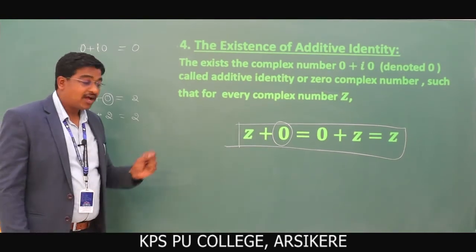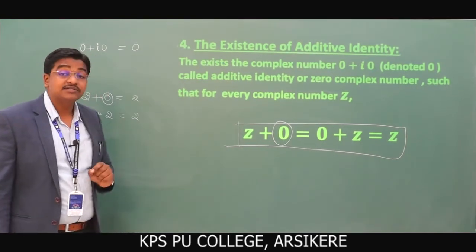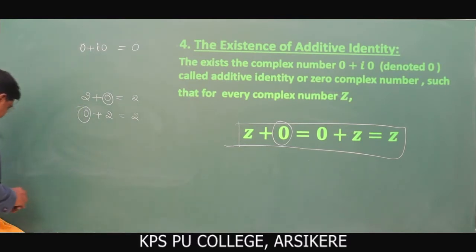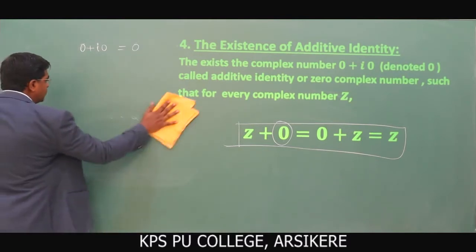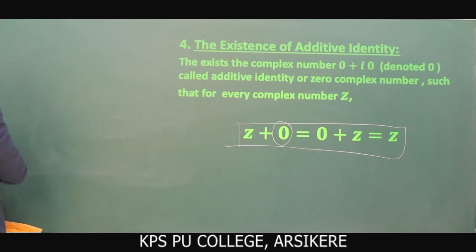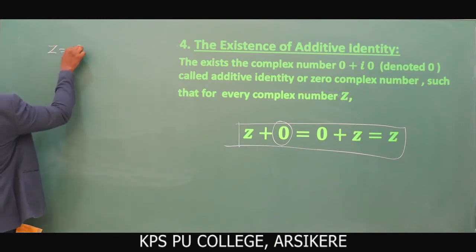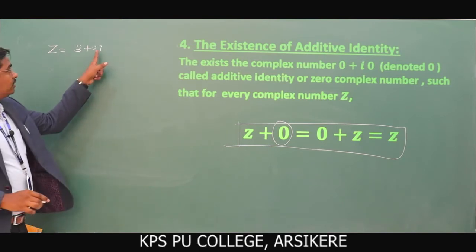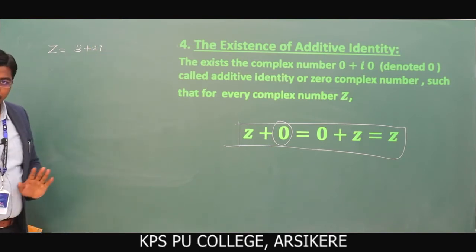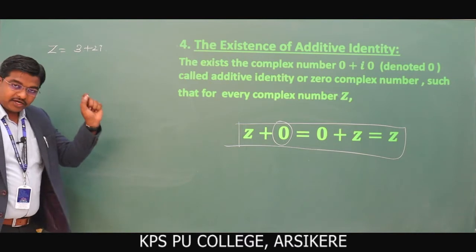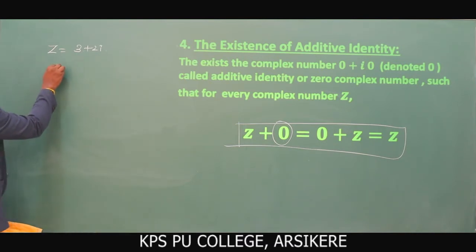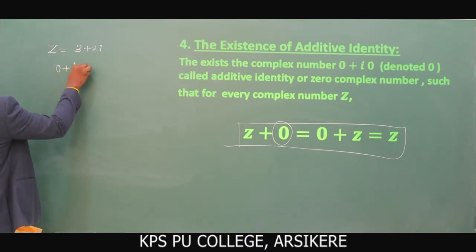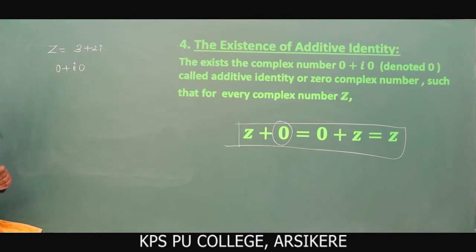Now dear children, I will give an example for existence of additive identity. If I take the complex number z is equal to 3 plus 2i, or we can also write it as i into 2. Just observe here, additive identity means 0 plus i into 0.